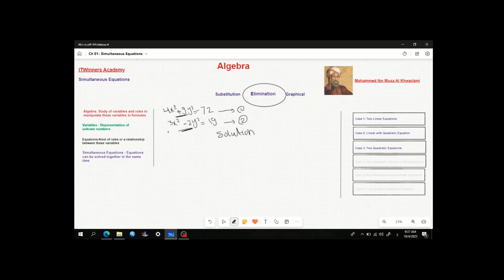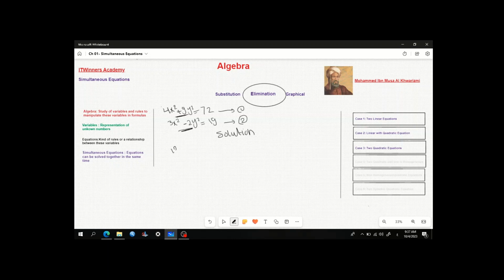I want to eliminate x or y. So I can multiply the first equation by 3 and the second equation by 4. Let's do that.